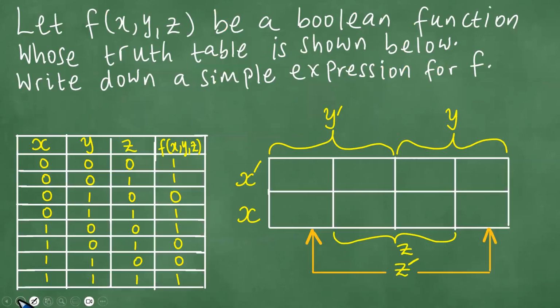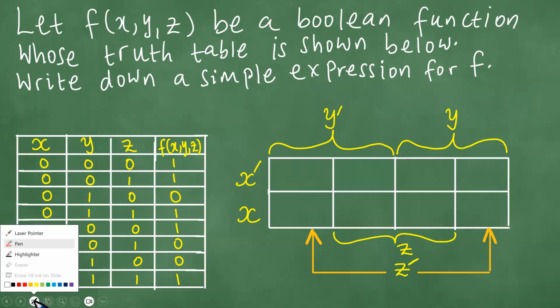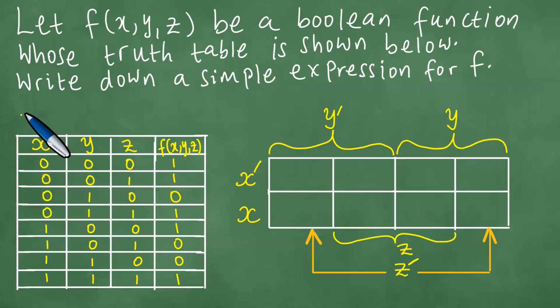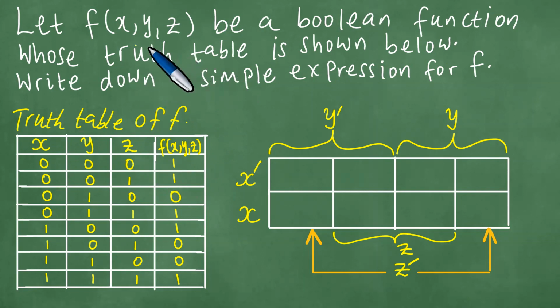So next, we actually are able to still see something interesting here. This is the truth table of F. So let f of x, y, and z be a Boolean function whose truth table is shown below.